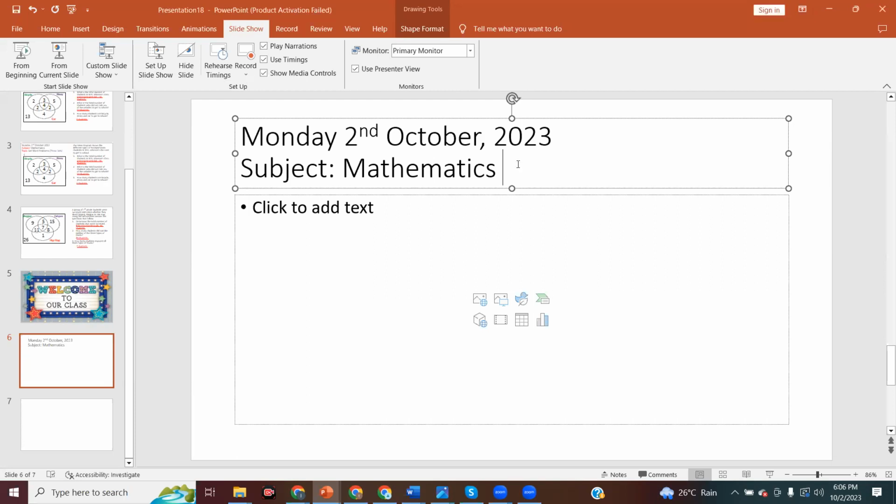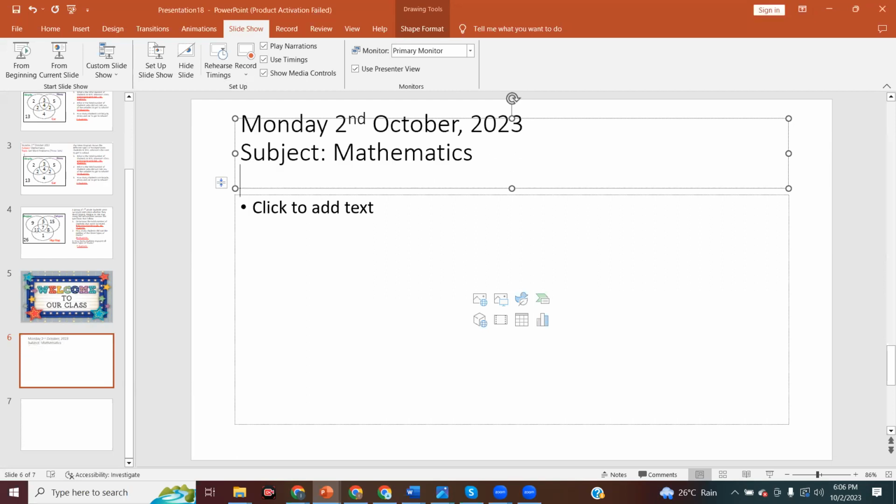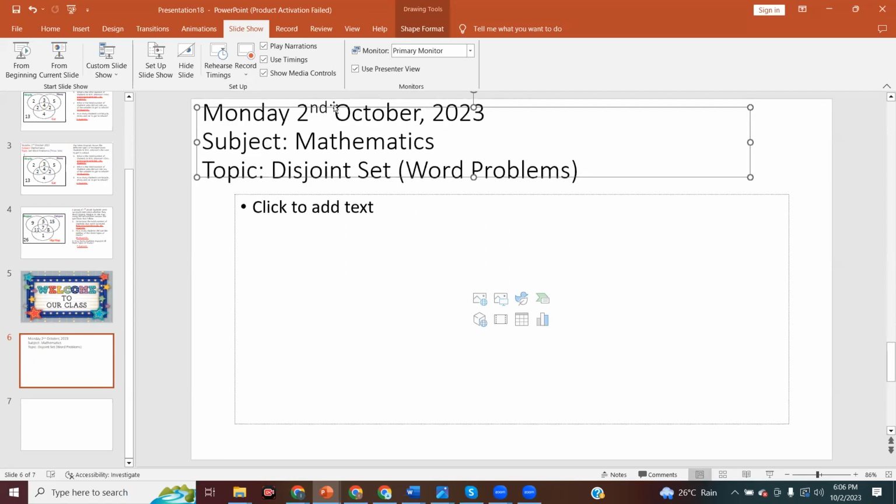All right, so the topic for today. We're still on set theory. The only thing we're going to be doing today is extending that. We're going to be talking about disjoint sets and looking at word problems on that. I think we'll have enough time to do more word problems as well.